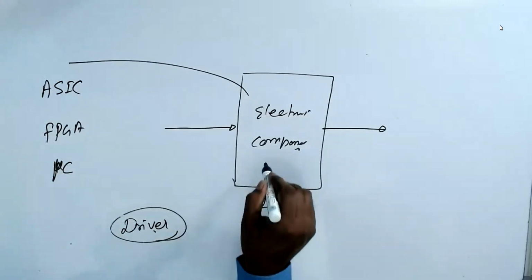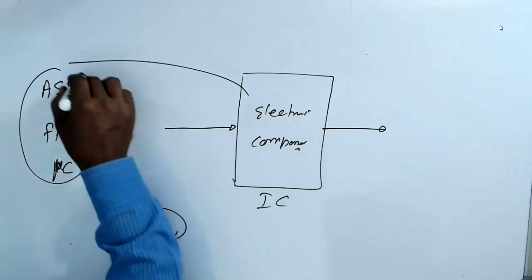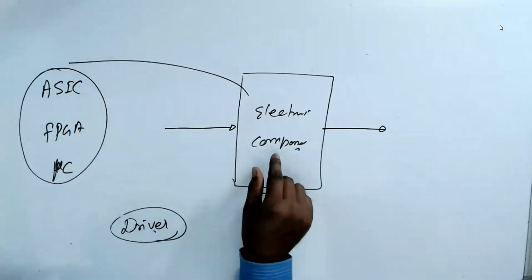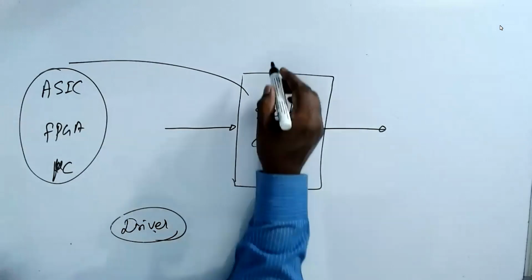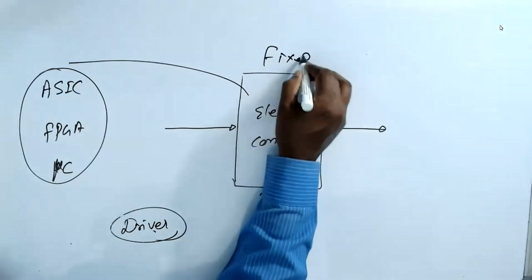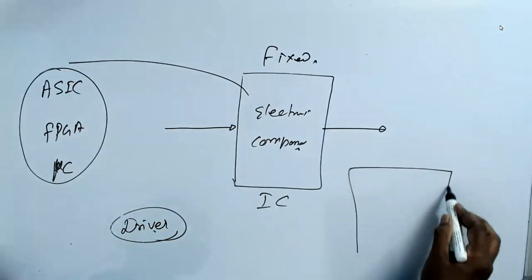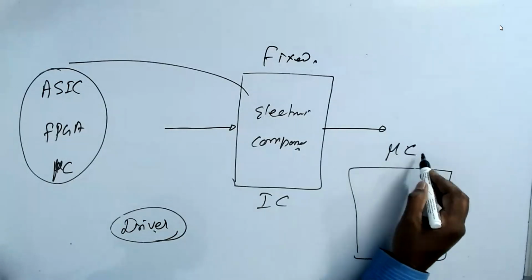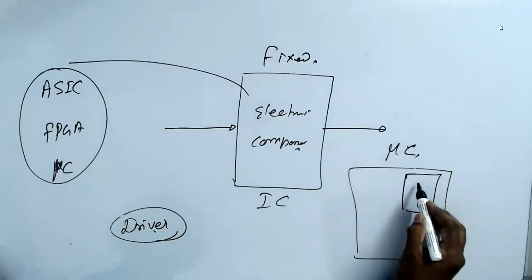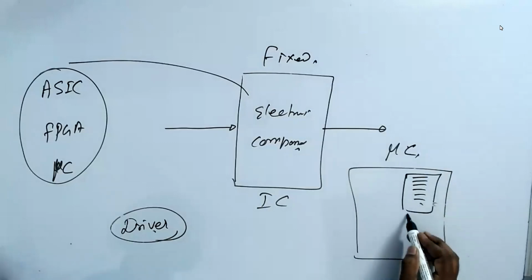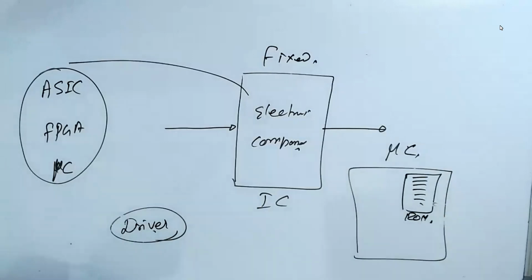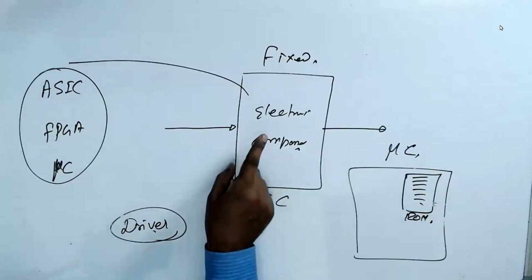This component can be created by any of the methods because this functionality is fixed. Not like your general microcontroller. In your general microcontroller, you write software inside the ROM. The functionality of the microcontroller is changeable by the programmer.